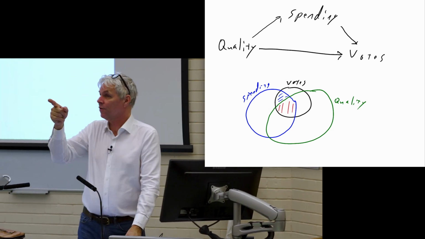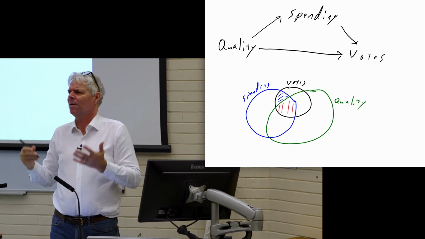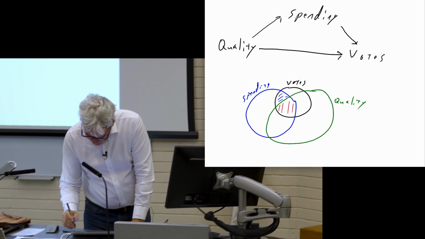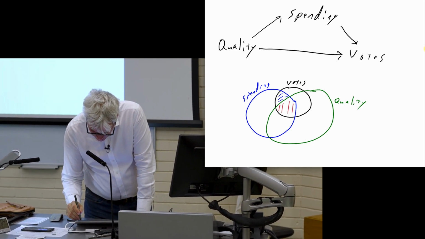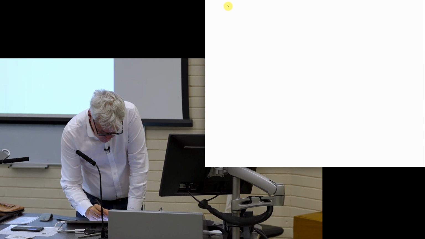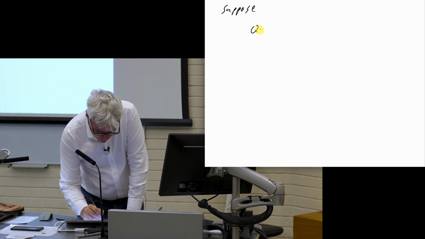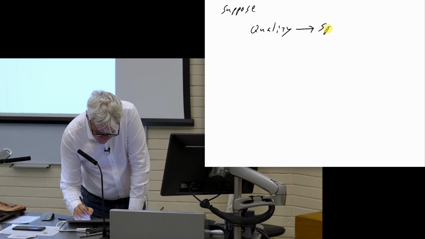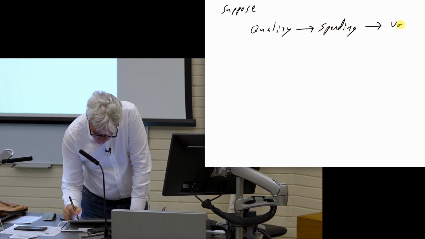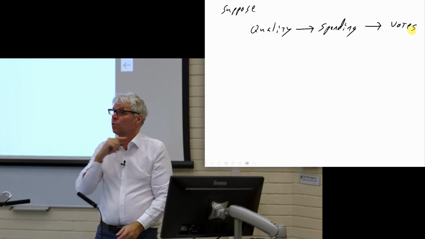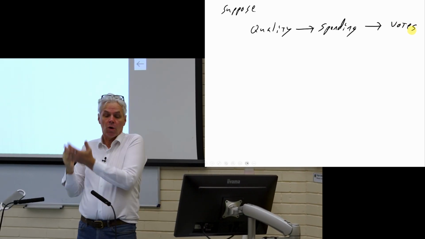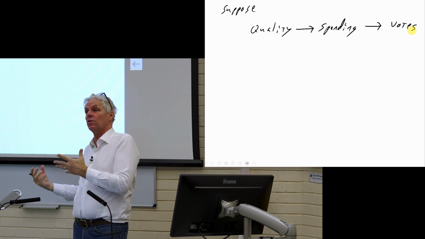If, for example, just to address your thing in Venn diagrams, right? Because Venn diagrams tell everything there is to know in the world. Suppose the true thing was quality affects spending, which affects votes. That's the reality, right? But quality doesn't affect votes directly.